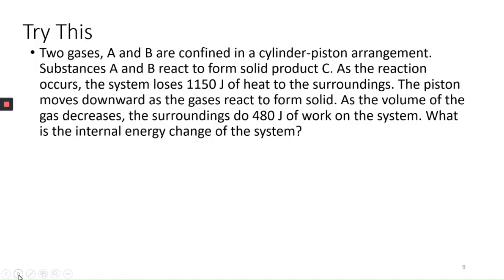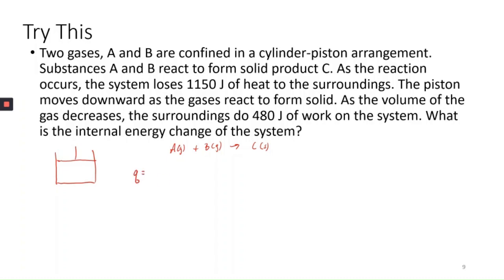So let's try this example. You have two gases, A and B, and they're in a cylinder and piston arrangement. So A is a gas plus B is a gas, and they are going to form C, which is a solid. So let's draw my piston. Okay, so there's my piston. It says as the reaction occurs, the system loses heat. So remember, heat is Q, and it's losing heat.